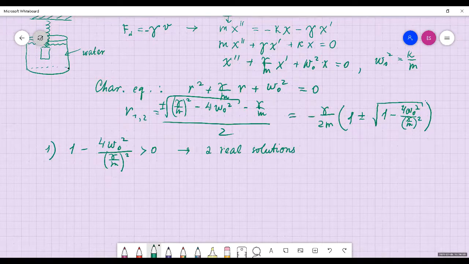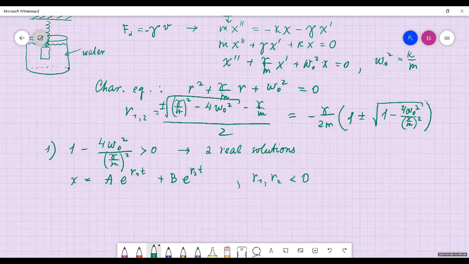Well, I'm going to write them down. They're going to be exponential, right? So x is going to be a e to the power of r1 t plus b e to the power of r2 t. And what is interesting is that both r1 and r2 are going to be negative. Why? r1 and r2 are less than 0.